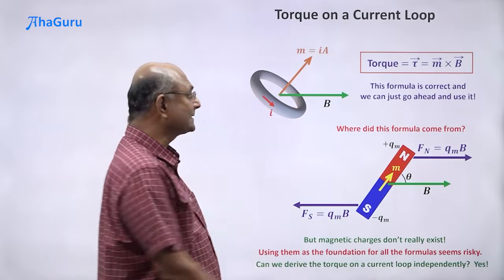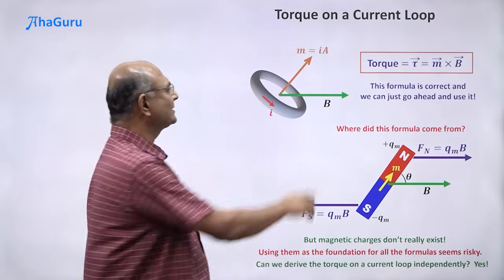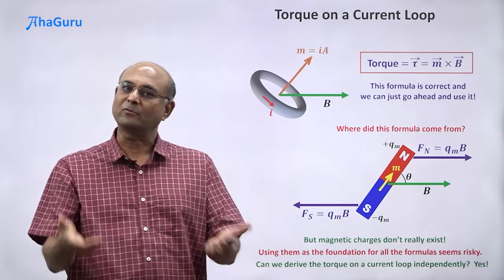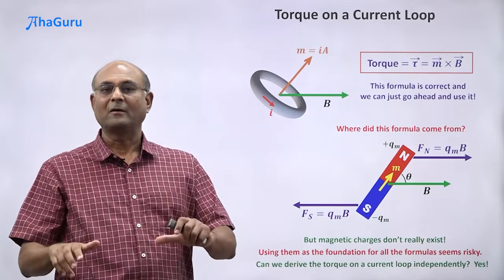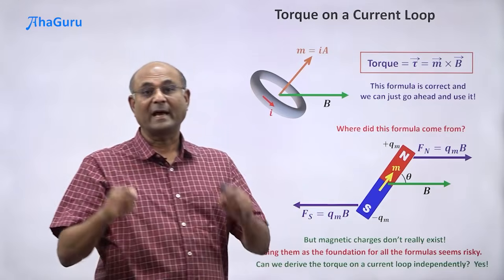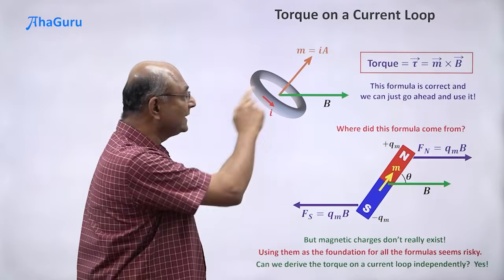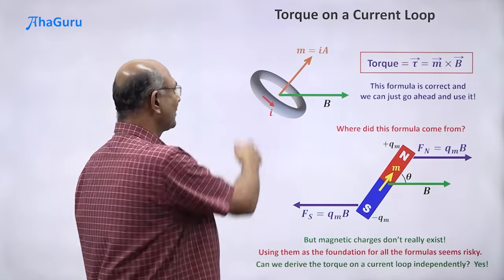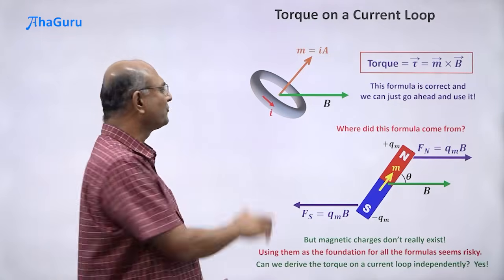You're going to end up with the same formula. So if you don't want to worry about the proof and you just want to take this for granted and use it, you can go ahead. But I'm now going to prove the formula, so that without using magnetic charges, I can show you that the torque acting on a current loop is indeed M cross B. And for current loops, we know that they exist, and therefore we can use the proper proof for this.